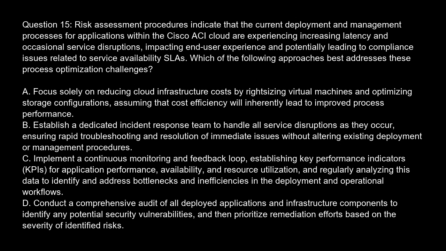Option C. Implement a continuous monitoring and feedback loop, establishing key performance indicators (KPI) for application performance, availability, and resource utilization, and regularly analyzing this data to identify and address bottlenecks and inefficiencies in the deployment and operational workflows. Option D. Conduct a comprehensive audit of all deployed applications and infrastructure components to identify any potential security vulnerabilities, and then prioritize remediation efforts based on the severity of identified risks.